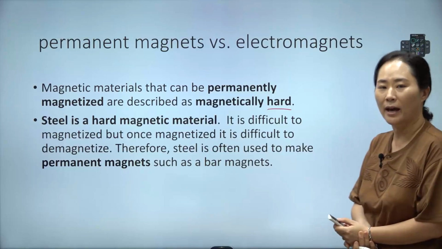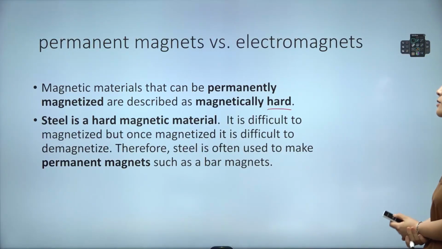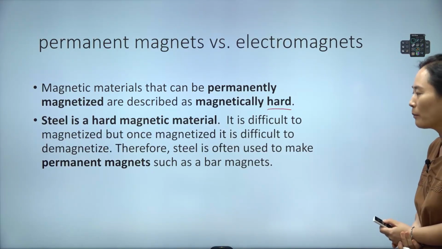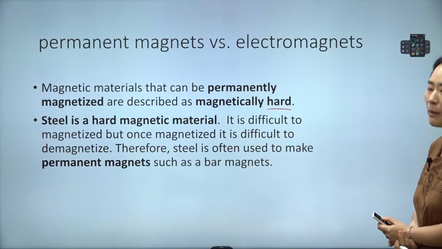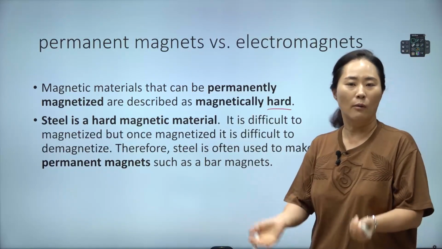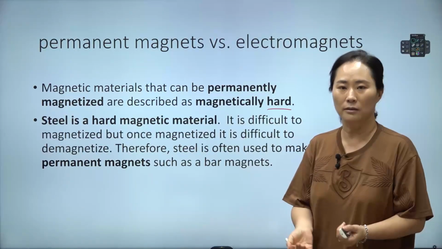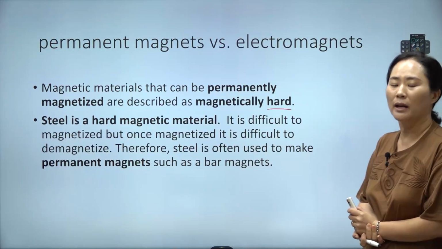Once it becomes magnetic, it is hard to come back. Therefore, steel is often used to make permanent magnets, such as a bar magnet. A bar magnet is permanent and does not lose the characteristics of a magnet, because it is made out of steel.